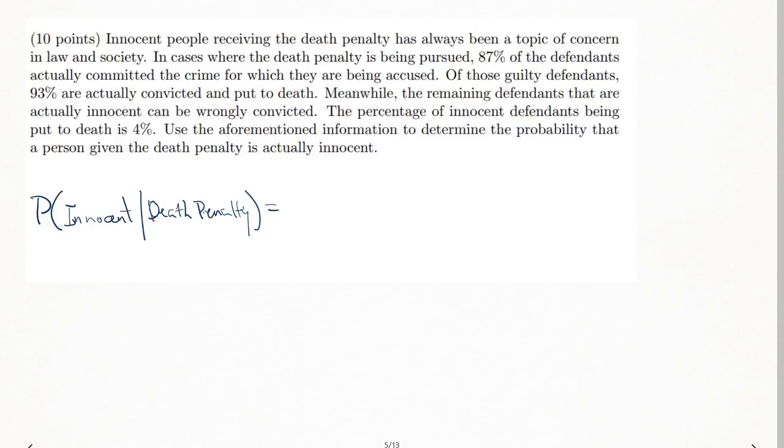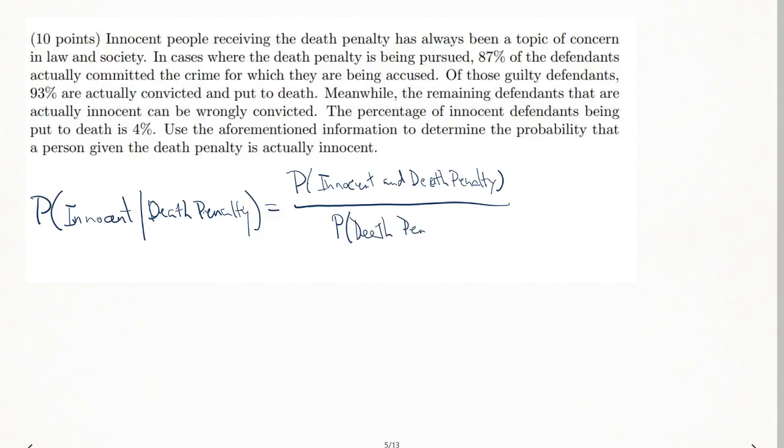Okay, so from the standpoint of what our probability rules state, we're going to need to find the probability that the person is innocent and given the death penalty. And we need to divide that by the probability that a person is given the death penalty in the first place.